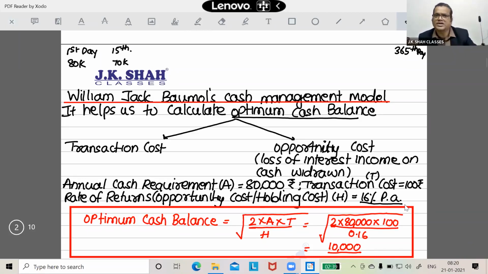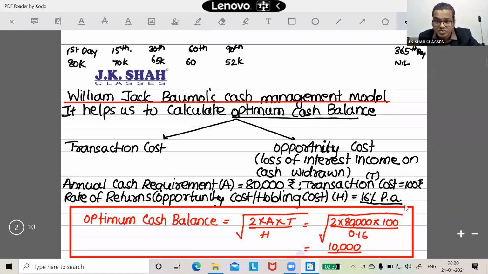So here onwards, I'll lose interest on 70,000. Suppose at the end of 30th day, it comes down to 65K. At the end of 60th day, it comes down to 60K. At the end of 90th day, say 52K, and so on. And on the last day, this balance would be nil.